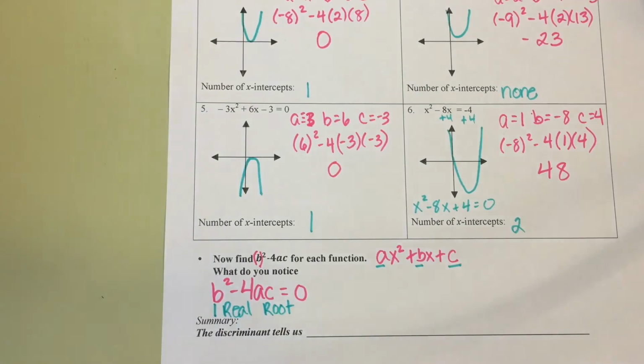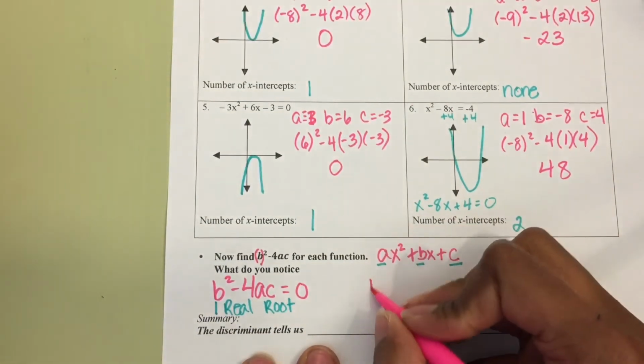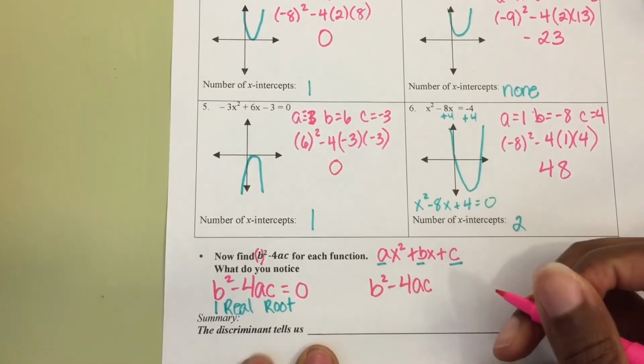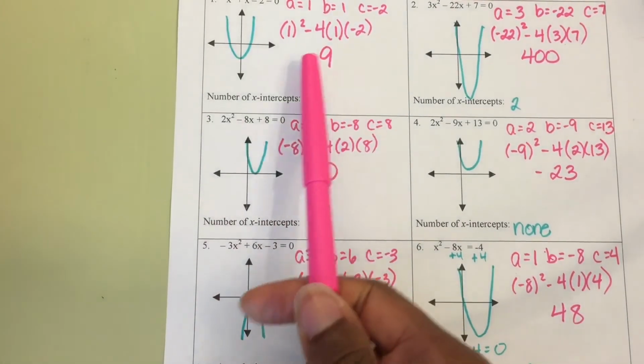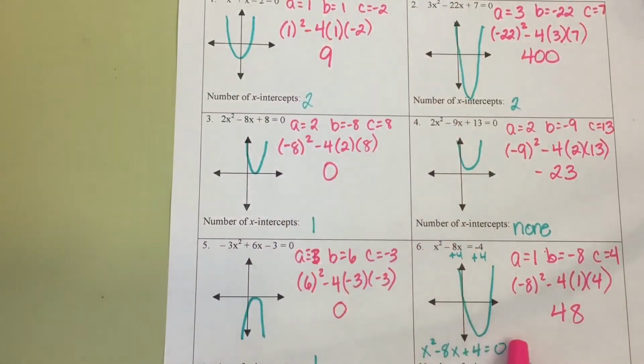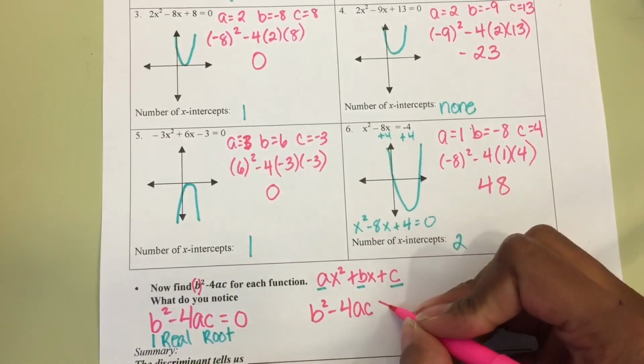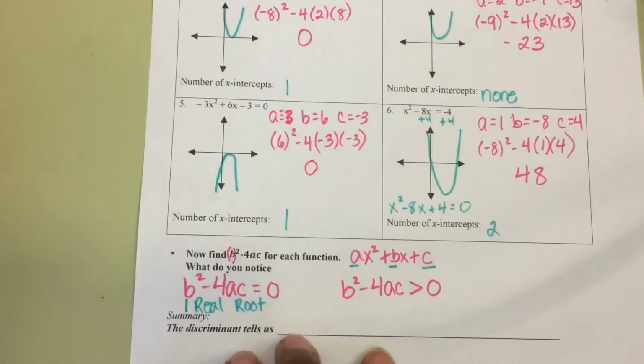Then what we can also notice is that with b squared minus 4ac, we only have 2 other options. So either it was 0, or then we have 1, 2, and 6 all have one type of number, and then 4 is a different one. So 1, 2, and 6, all of those are greater than 0. That means it's positive.